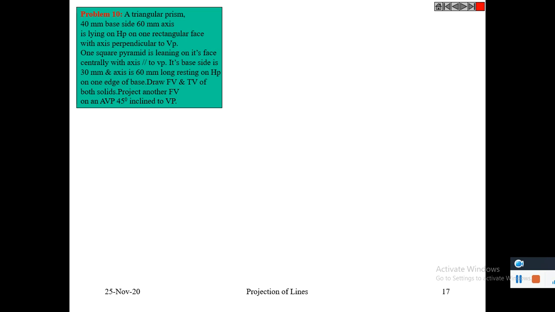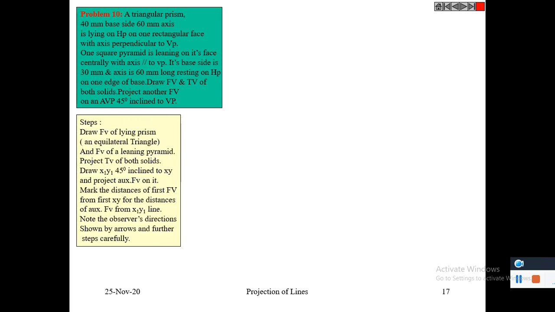Project another front view on an AVP 45 degree inclined to vertical plane. This is the combination of two solids.